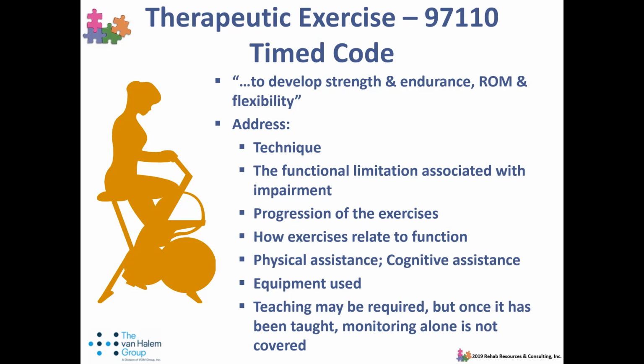Examples might be, as we showed in the last module, changing the surface on which the exercises are performed, increasing intensity, increasing progressive resistance, documenting whether the exercises are closed chain or open chain, whether they're done with eyes open or eyes closed.